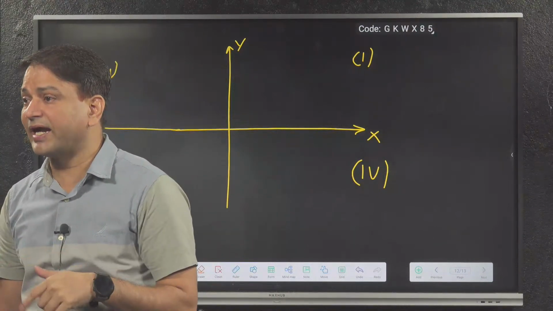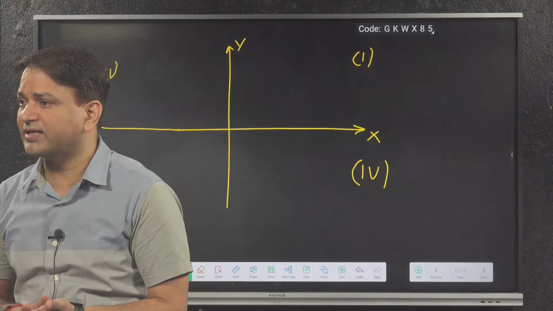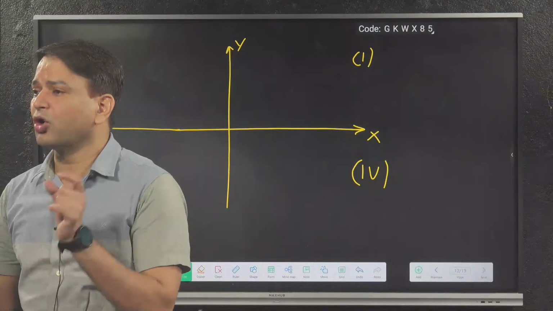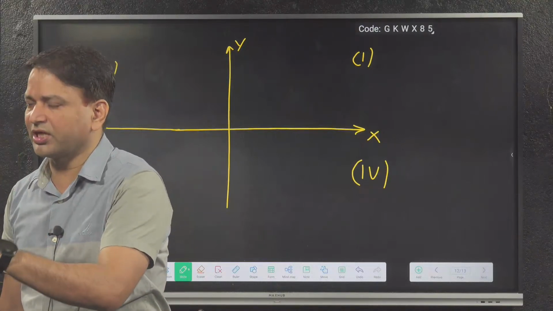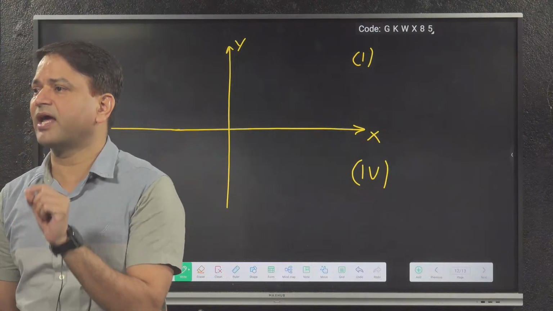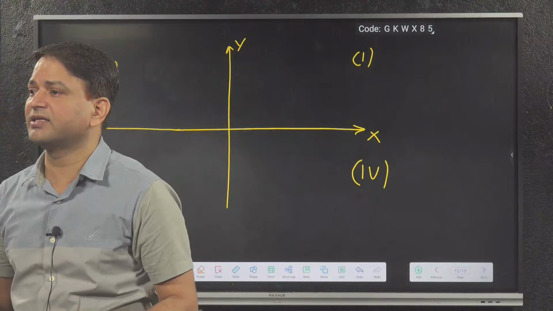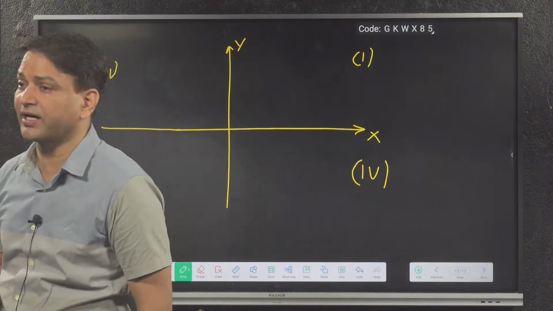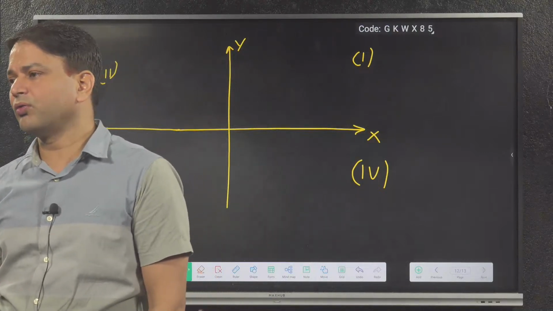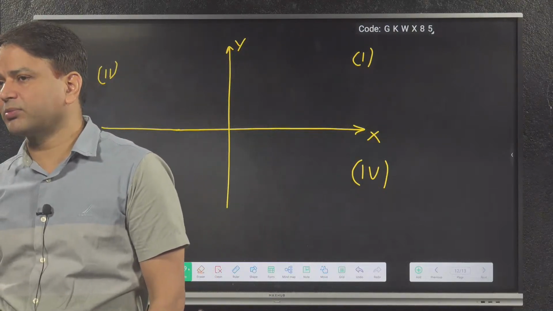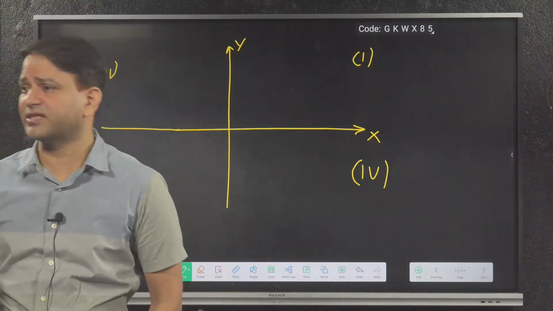So anti-clockwise angle we take as positive, and clockwise angle we take as negative. You have to remember this for slope also. Later I will discuss it in straight line slope. So what I said: anti-clockwise angle from the reference line is taken positive and clockwise angle is taken negative.